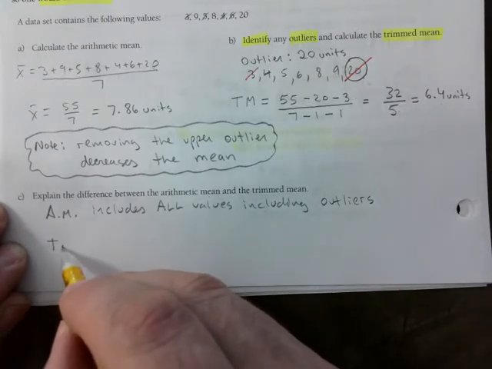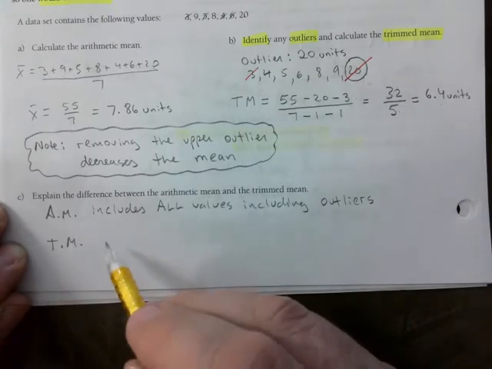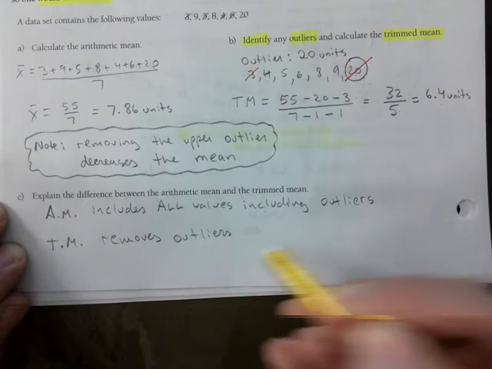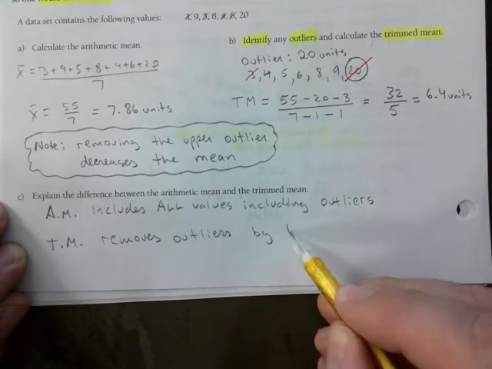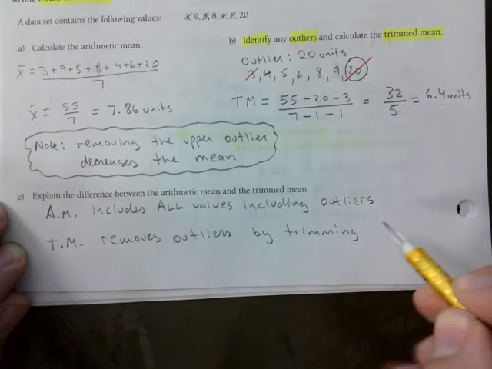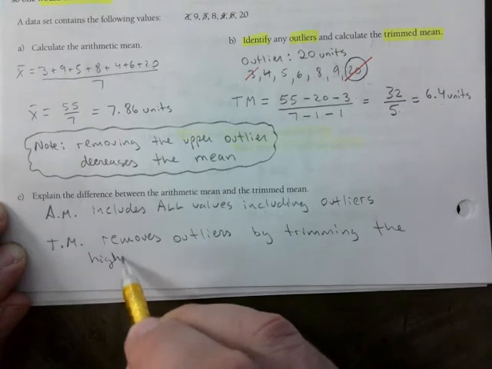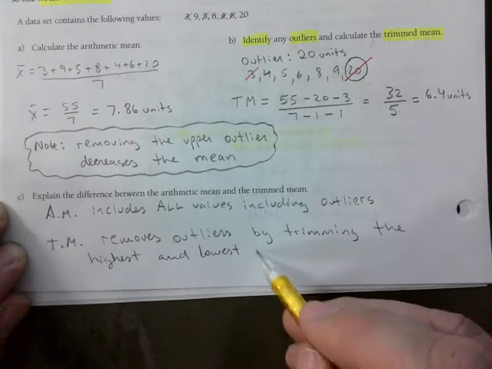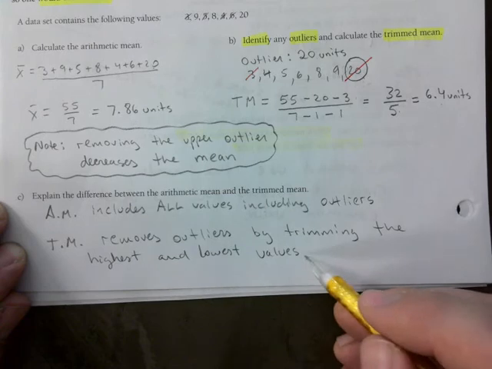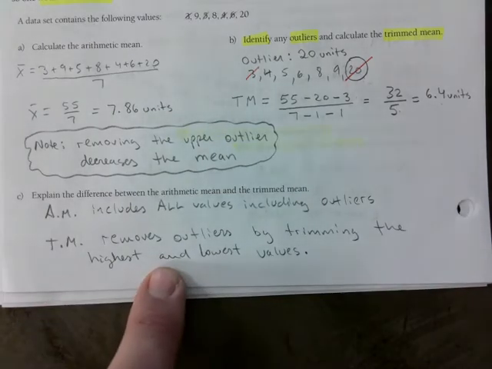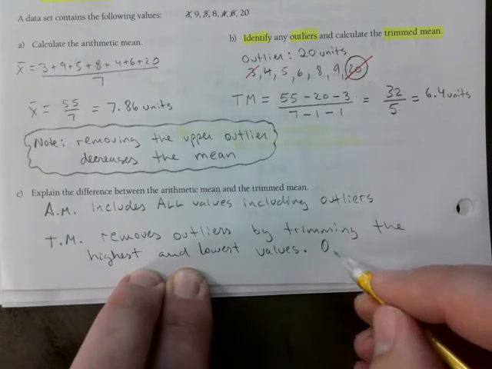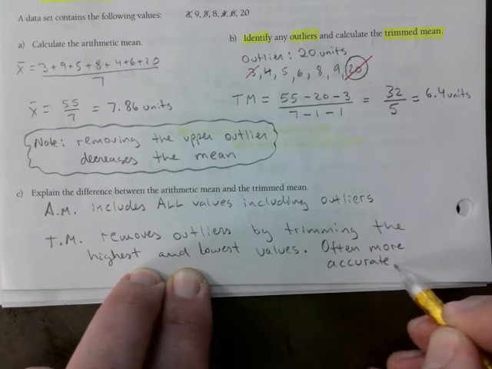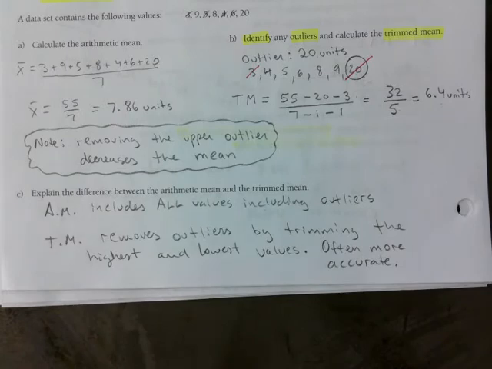Trimmed mean removes outliers by trimming the highest and lowest values. This one is often more accurate, more representative. I will say this, often more accurate, okay? Because we usually will apply that to situations where you would want to remove the outlier.